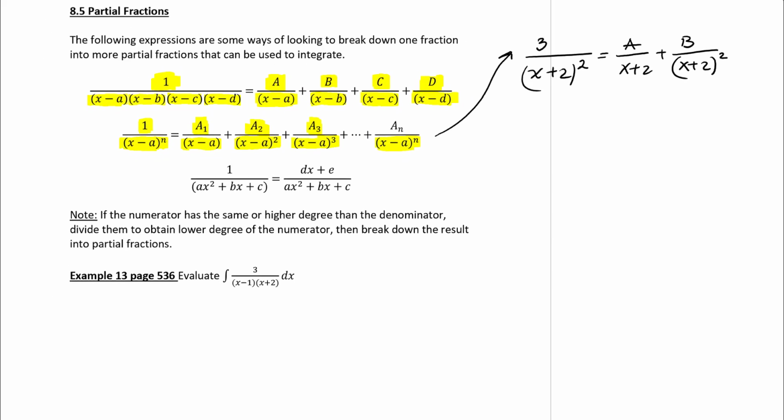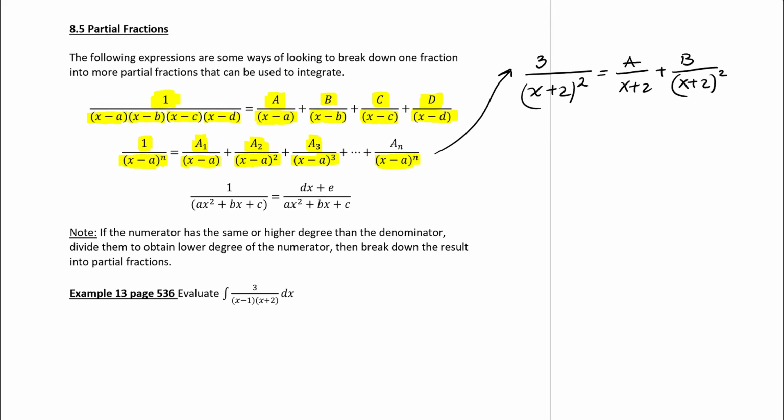Another type of partial fraction that we might encounter are terms where the denominator is quadratic. So if the denominator is quadratic, we would keep the denominator and the numerator will be 1 power less, so it would be a linear one.